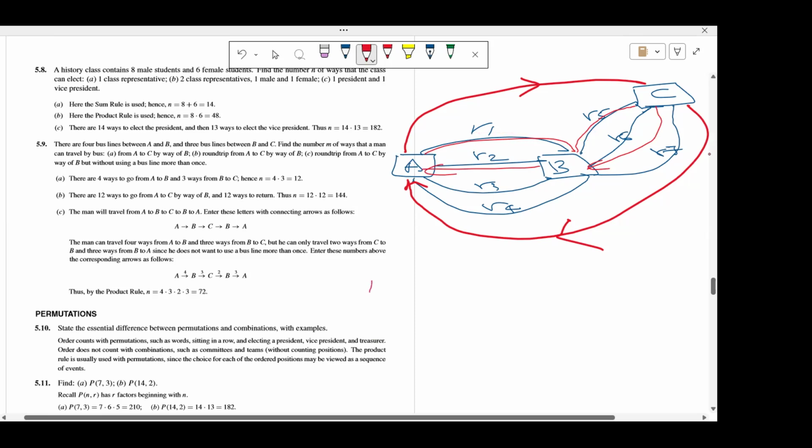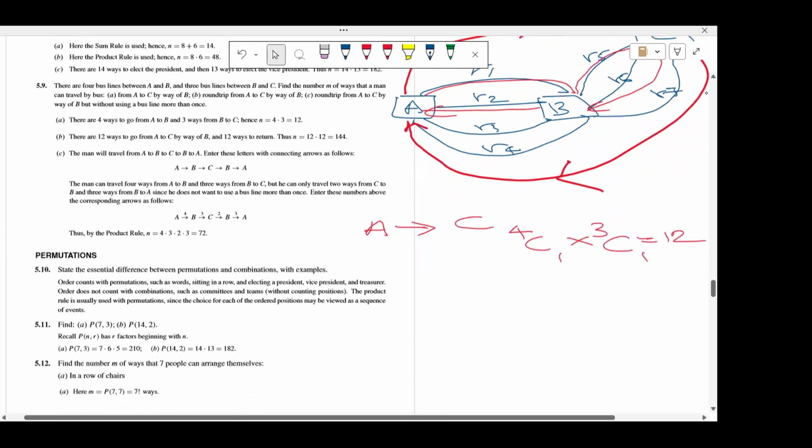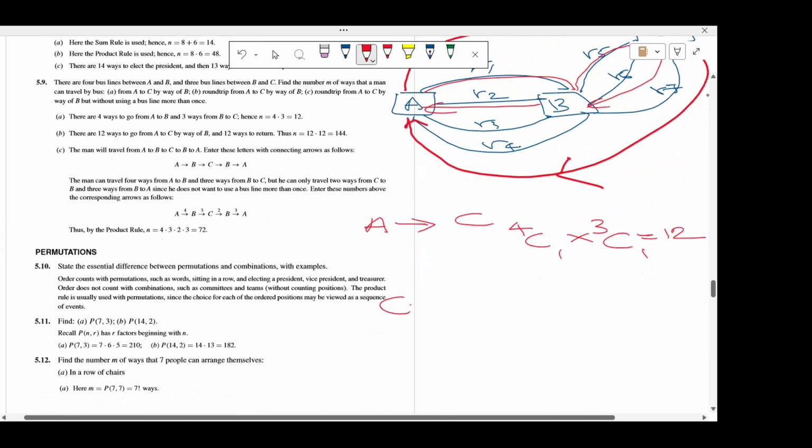First we need to think about the possible ways to travel from A to C. For A to B, we have four options, right? So we select 4C1 multiplied by, from B to C, we have three options, 3C1, right? So altogether 12 ways. But for the journey of C to A, what will happen?